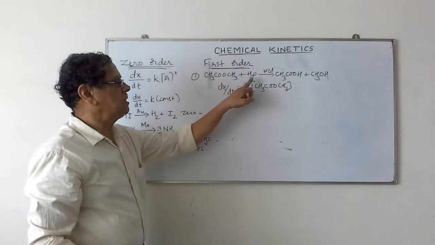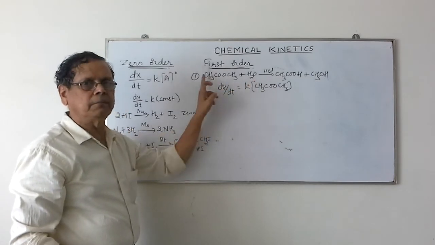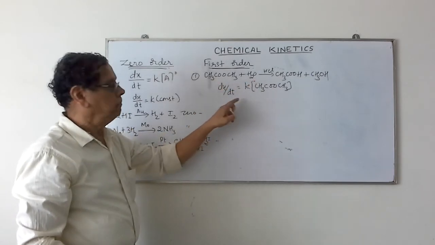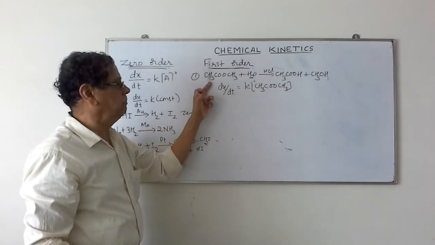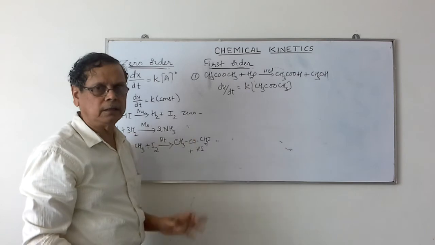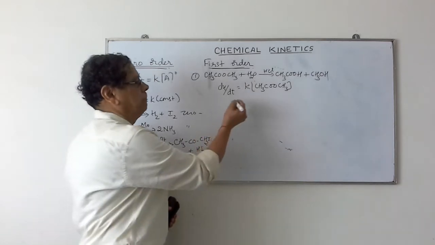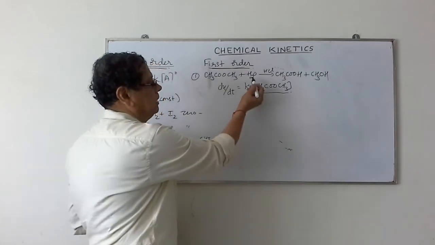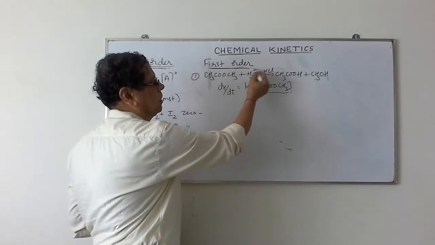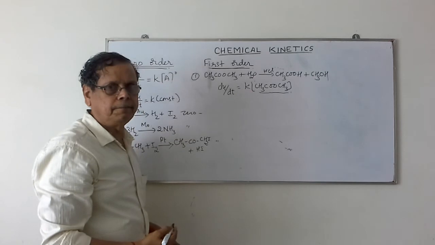Here you have to remember one more point. When we consider the molecularity of the reaction, it is a bimolecular reaction because molecularity is two. One is methyl acetate, the other one is water. But actually rate depends only on the concentration of methyl acetate, because in presence of acid the solution is a very dilute acid.